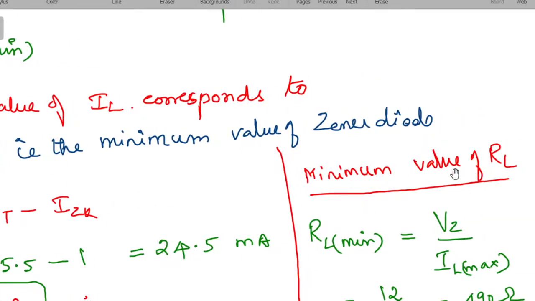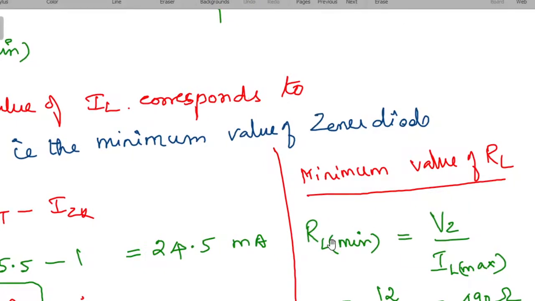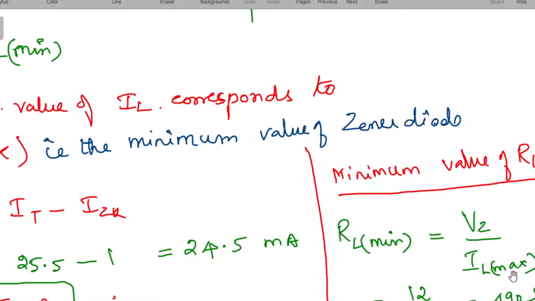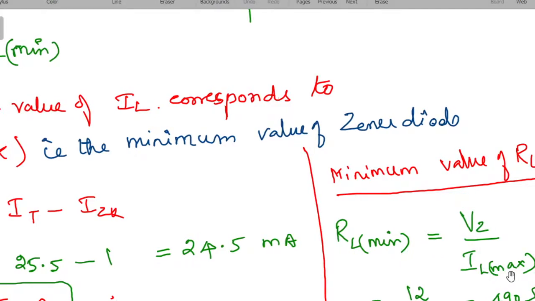Similarly, you can find out the minimum value of RL. So RL minimum will be the voltage across it divided by the maximum current. Whenever maximum current flows, the load resistance is minimum. They are inversely proportional, right? So if you want to have the maximum current, then you have to reduce the load resistance, so that should be minimum.